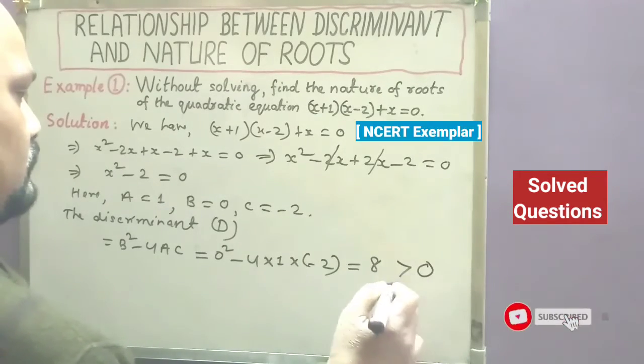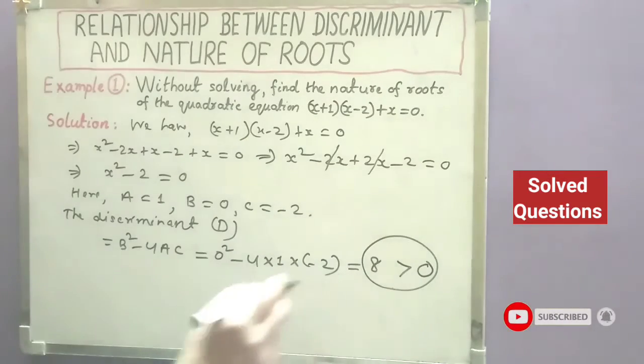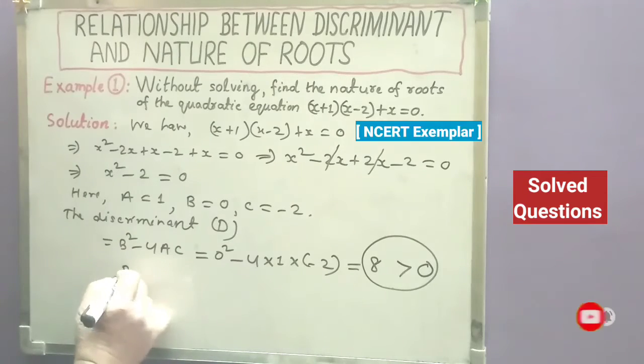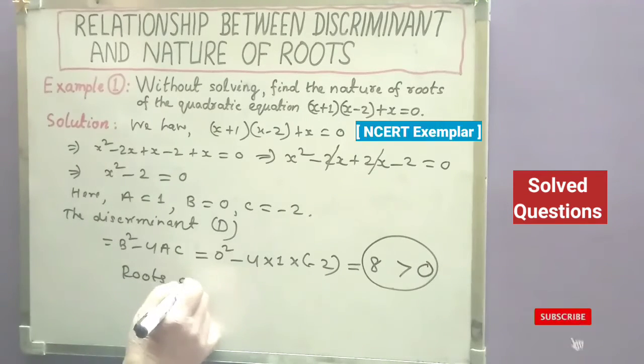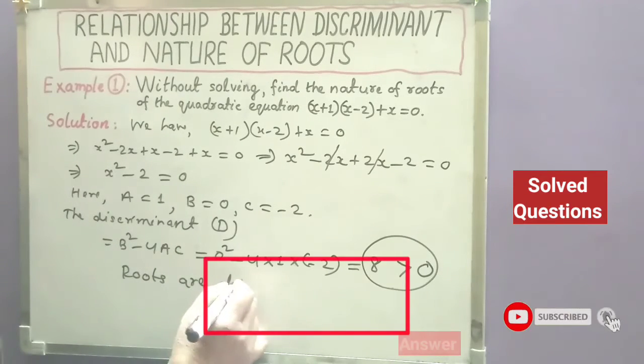Since 8 is greater than 0, the given equation has two distinct real roots.